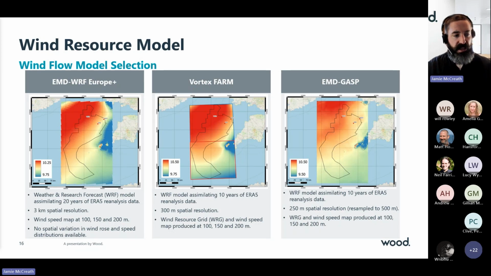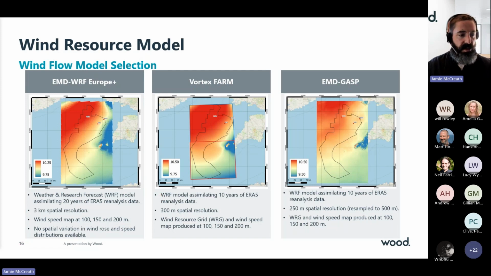This model basically uses ERA5 data and assimilates. We derived this using 20 years of ERA5 data. It gives a spatial resolution of 3 kilometers. So in the images, you can see each of the pixels in these images is 3 kilometers by 3 kilometers.